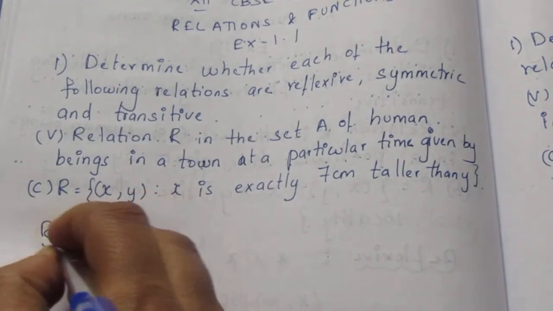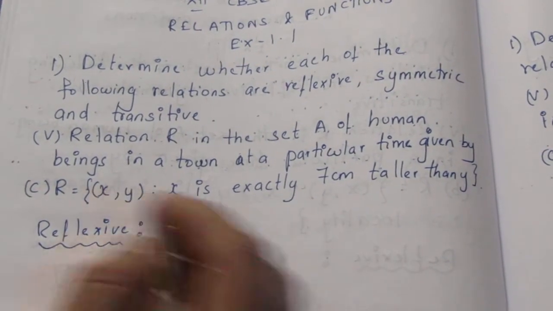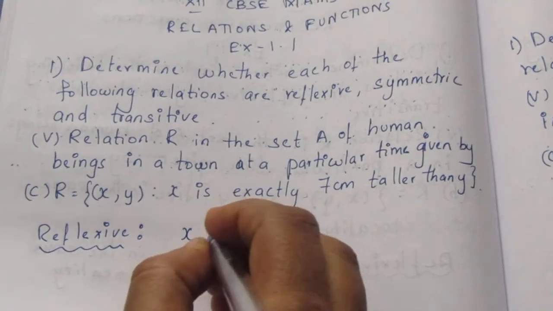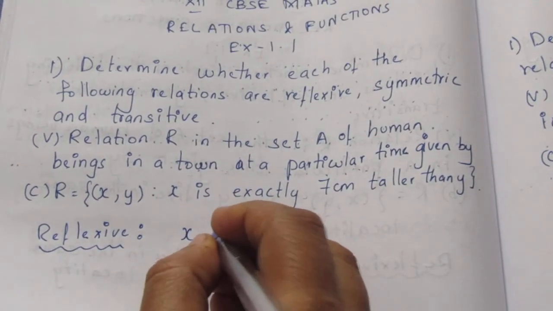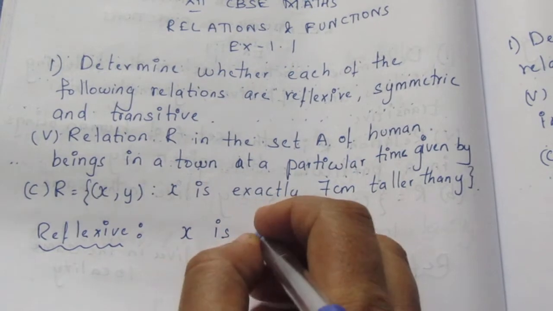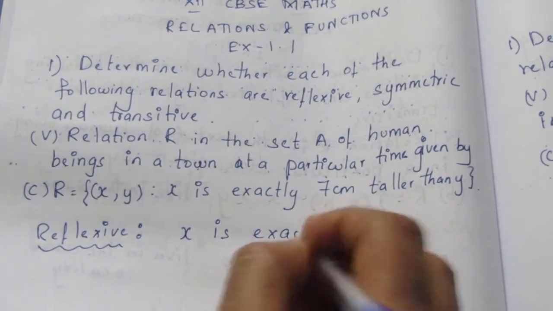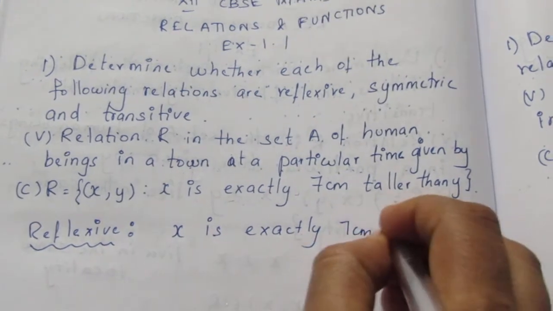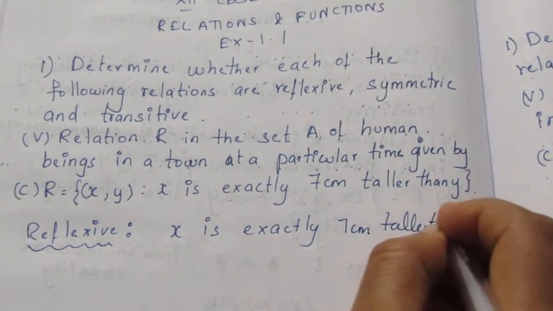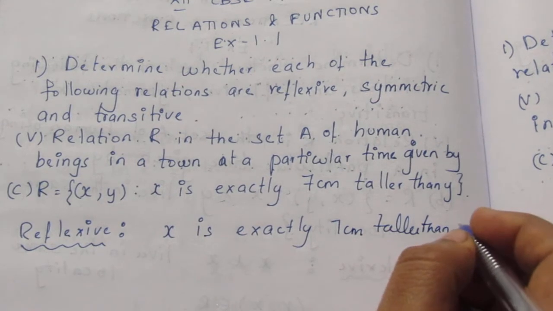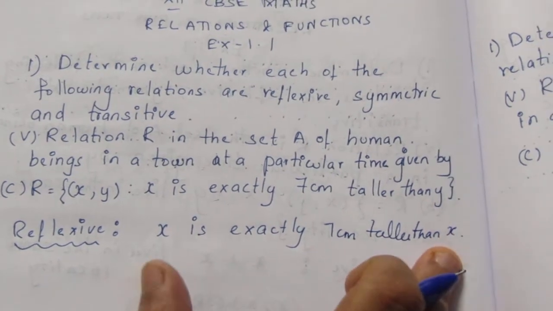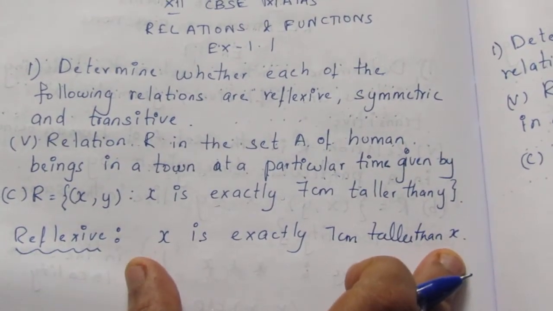We know that for reflexive, (x, x) should belong to R. Here the same person cannot be taller. According to the given condition, x should be exactly 7 cm taller than x. A same person cannot be taller than himself. So he cannot be 7 cm taller than the same person.